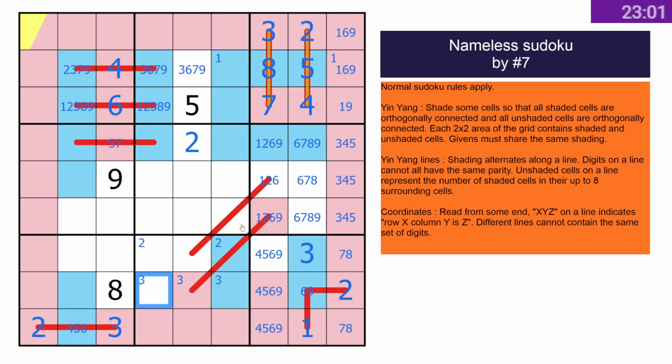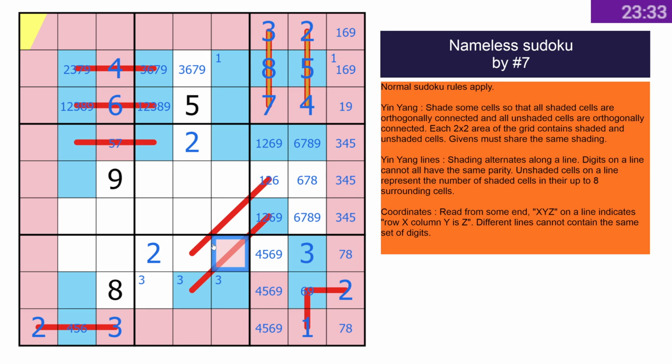I don't think so. Why did I think this didn't work? Yeah, you get a checkerboard there. And this isn't allowed because this is now a 6. This is now a 9. So this is always true at least.